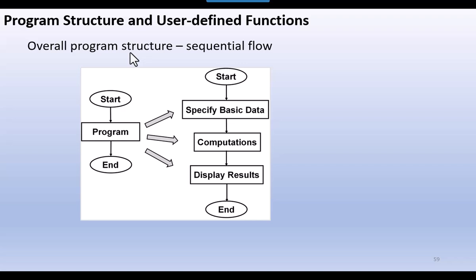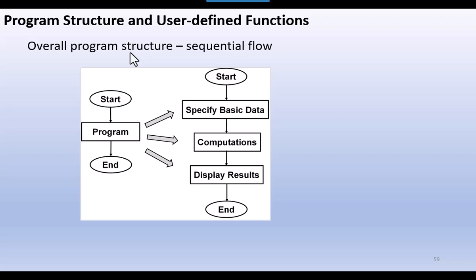So what we see here is a standard layout of a typical program where we have a start and the end, and generally we specify some basic data, carry out some computations to obtain results, and then we display the results.